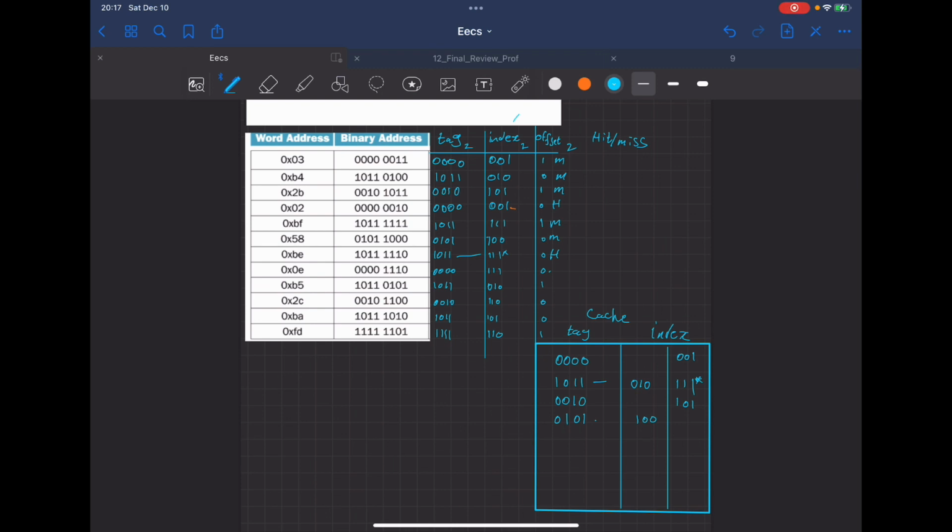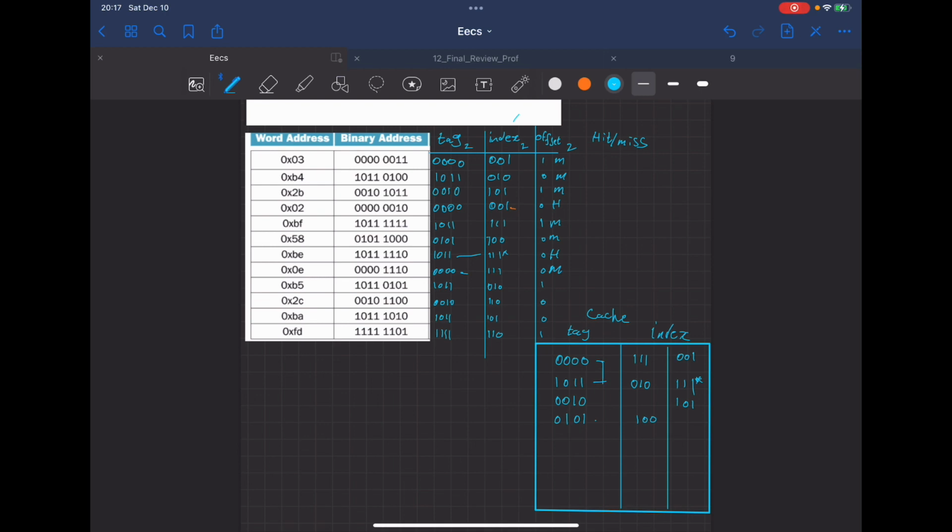So it is in fact going to be a hit. Now we have 0 0 0, zero zero zero, which is this, and it doesn't have the same index, which is 1 1 1, so we're just going to go ahead and write that in, and we'll write that as a miss.